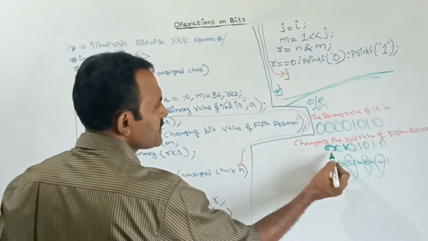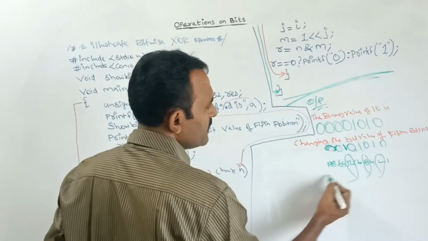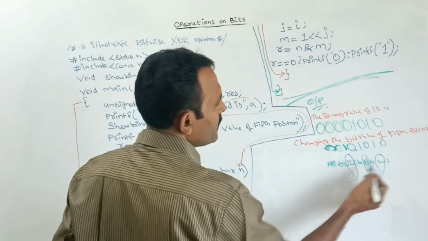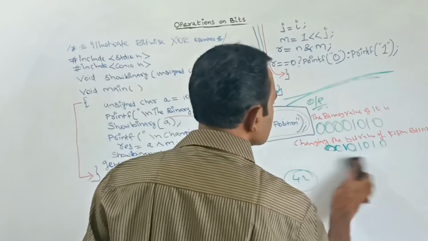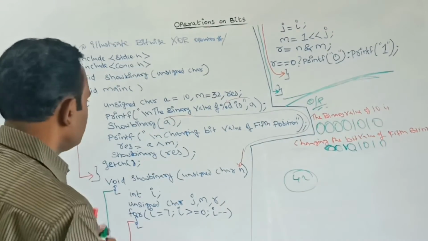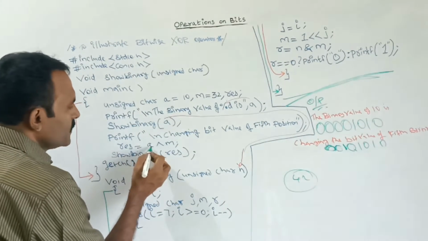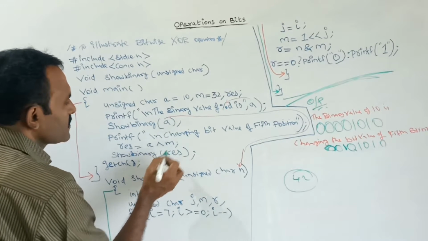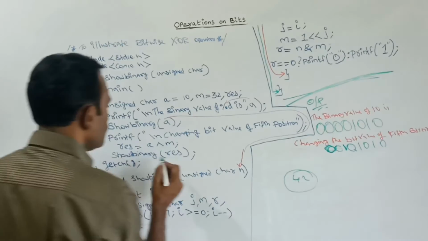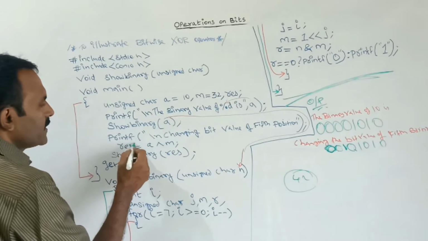When we are converting this result into decimal, what is the value? 42. See here, RES is equal to A, next I am using the XOR operator, next the mask value. Here what is the result? 42. RES is equal to 42.